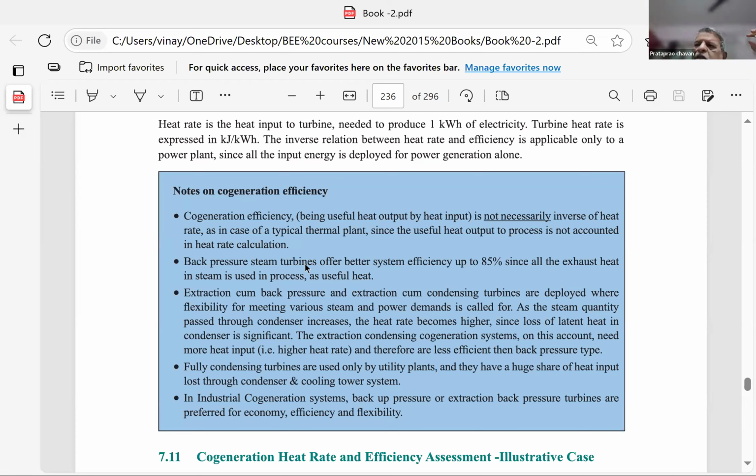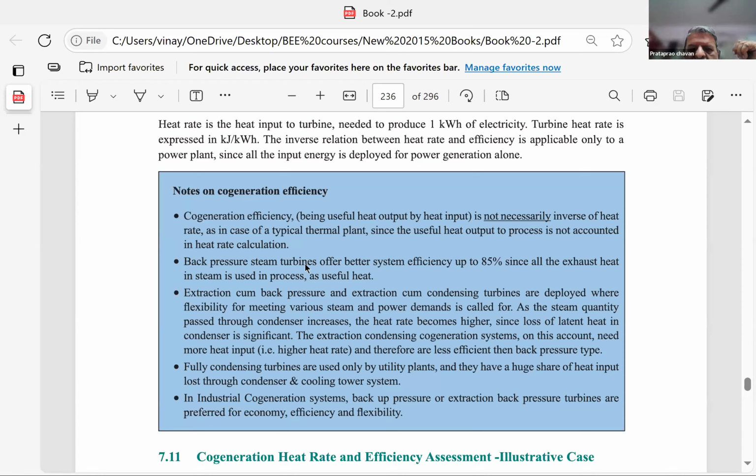If you take only the two parameters, final electrical output and final input, total coal, the ratio is the efficiency of the entire system. If you use this formula for individual components, the efficiencies will be different for each.